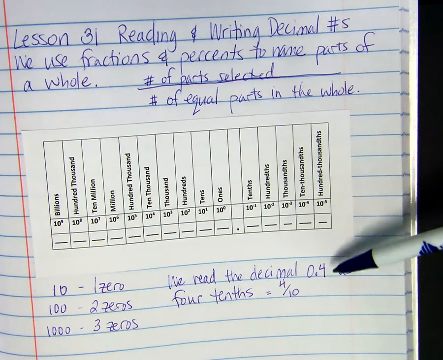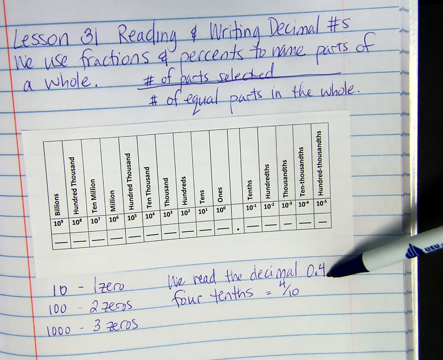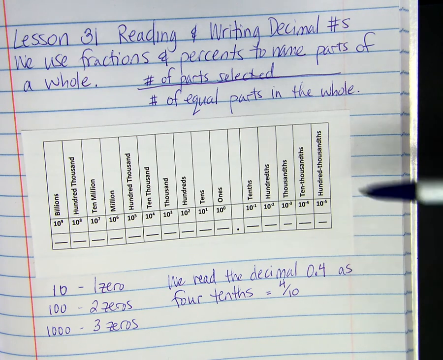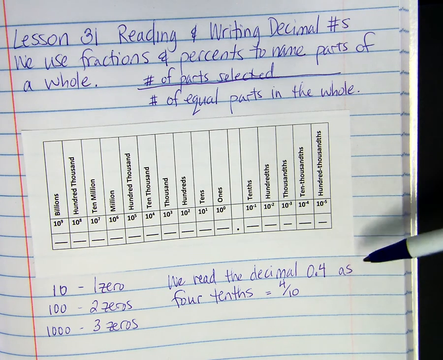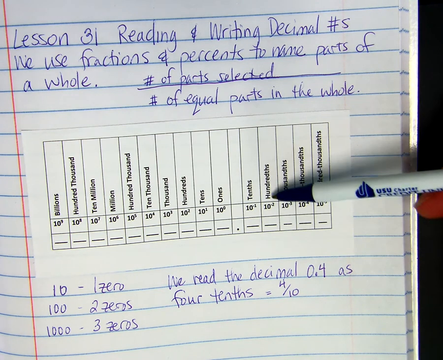But just so you can see the decimal, the number itself is 4. So we read that 4. And then the place value where it ends is one space past the decimal point. So that's the tenths place.